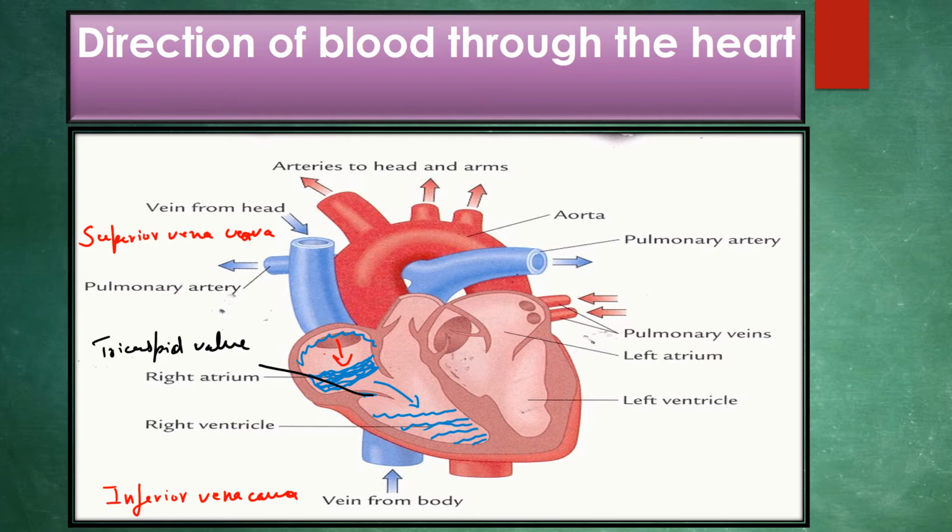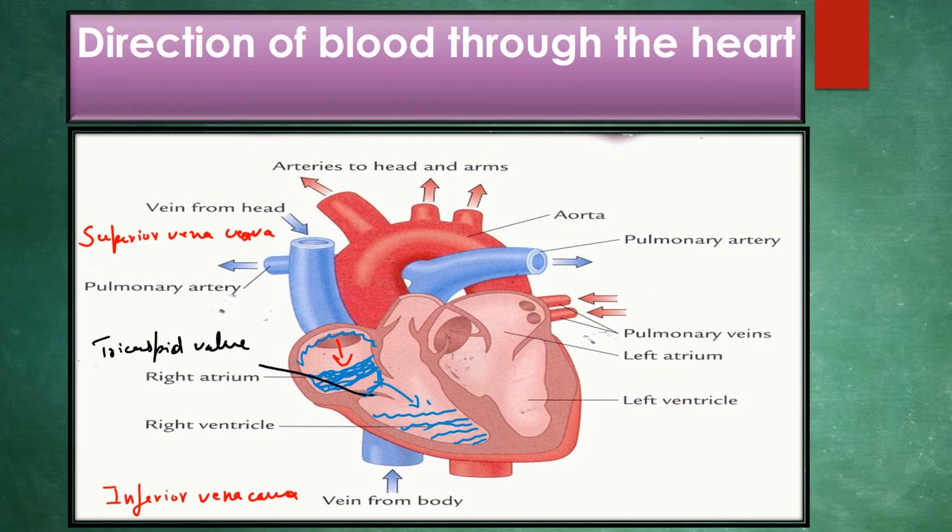Now right atrial relaxation happens, and with the relaxation of the right atrium, the pressure decreases and the tricuspid valve closes. Now pressure rises in the right ventricle.